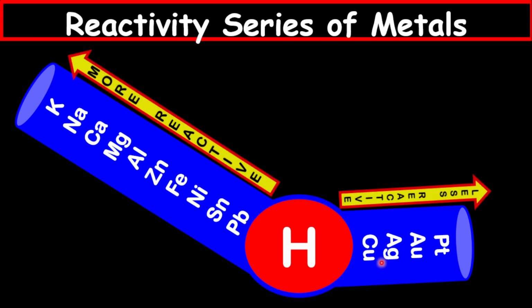The others, which are copper, gold, silver, and platinum, are less reactive than hydrogen, so it is more difficult or almost impossible for them to replace hydrogen in a chemical reaction, unless it's under heat or using steam, for example. So you just need to know that the ones on the left can replace H, but the ones on the right cannot replace hydrogen in an acid.